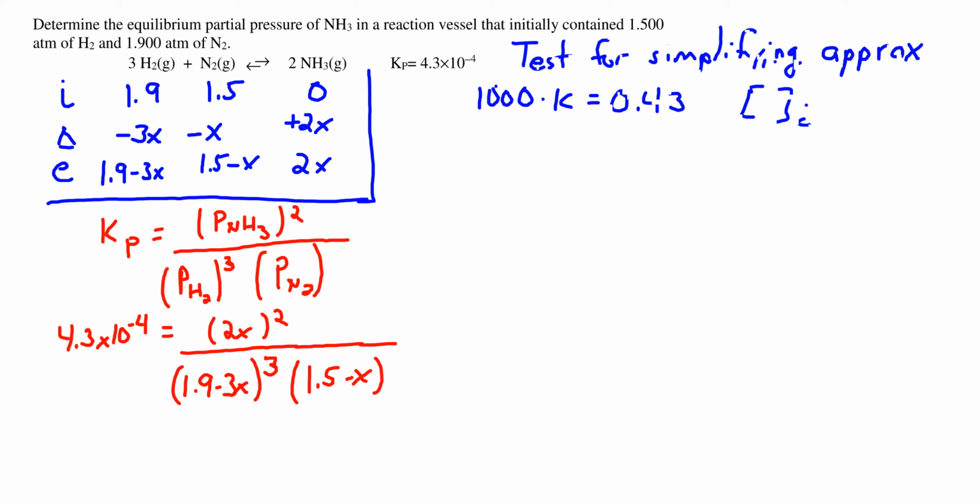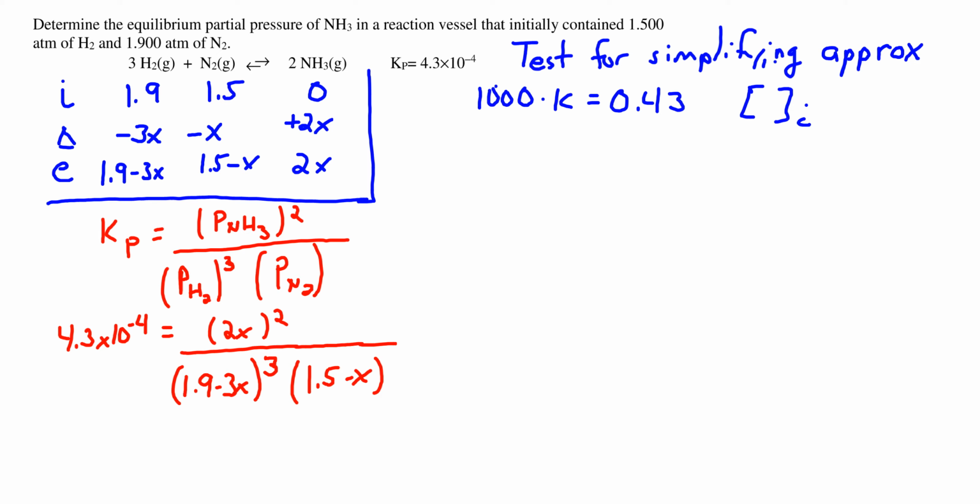All right, and looking at the simplifying approximation, what we're trying to determine is whether or not we can neglect the loss of 3x compared to 1.9 and x compared to 1.5. We can introduce less than about 5% error if we multiply 1,000 times K, and that result is less than our initial concentration.